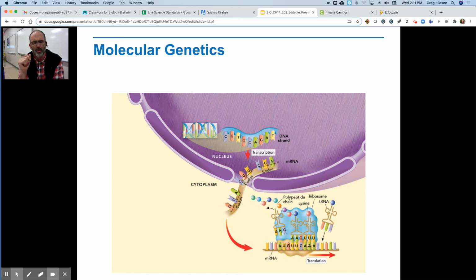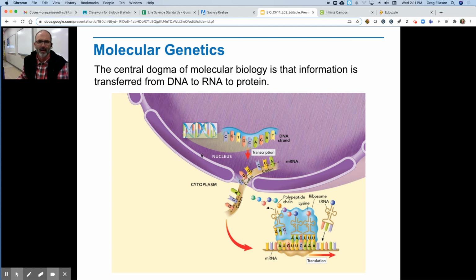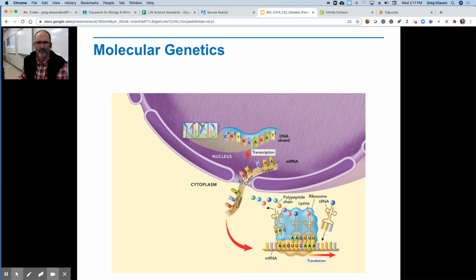All right, so molecular genetics. We're going to see this graphic here. What we're looking at is the nucleus right here and the DNA right here. And the DNA is transcribed to mRNA.